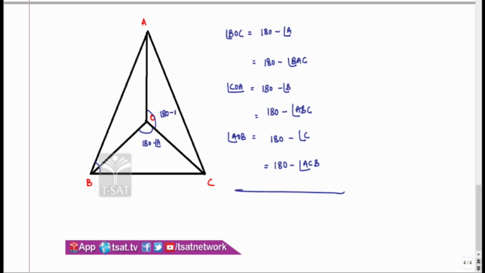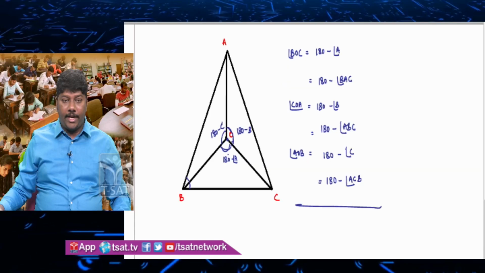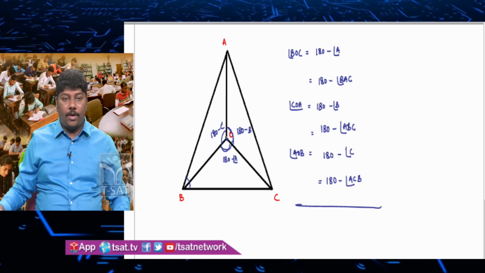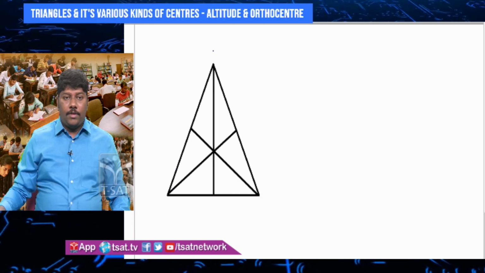This is 180 minus A, minus B. This angle is 180 minus angle C. So, the angle opposite to A here is 180 minus A at the center. So, at the orthocenter the angles formed are 180 minus A, here 180 minus B, here 180 minus C.